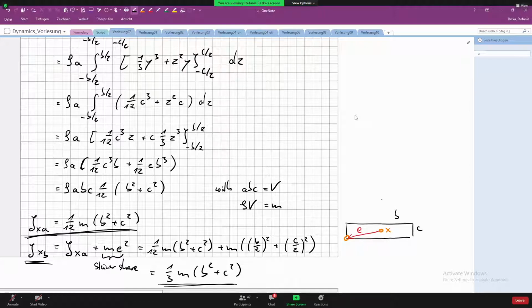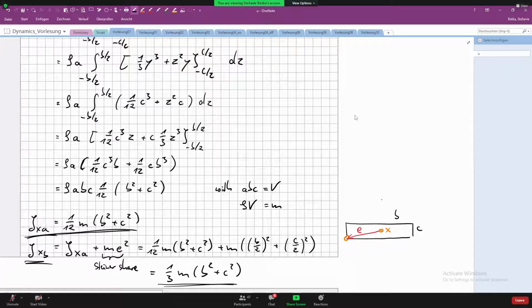And if my object rotates about the center of gravity, then the mass moment of inertia has a specific size as given in the solution of the first part. And if the axis is shifted, the size of the mass moment of inertia changes. It increases since more mass is further away from the axis of rotation.